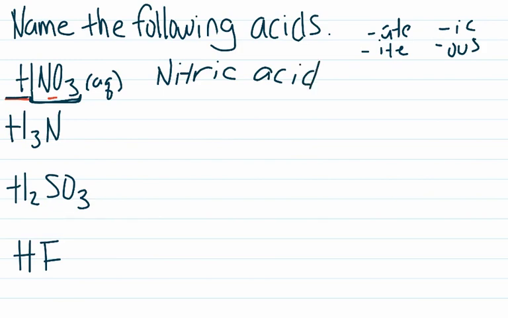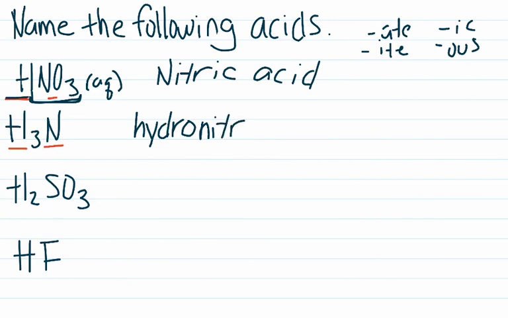Okay, let's look at our next example. This one starts with an H, so it's an acid. It does not contain any oxygen, and so it is a non-oxy acid. If it's a non-oxy acid, you need to write a hydro prefix. So we'll start with hydro, and then the base name of the element that is not hydrogen, which is nitrogen, so we're going to say nitr, again, the base name.